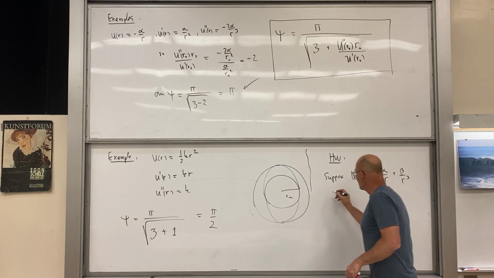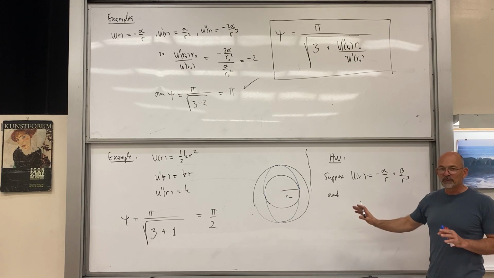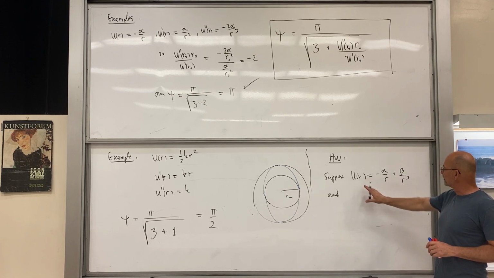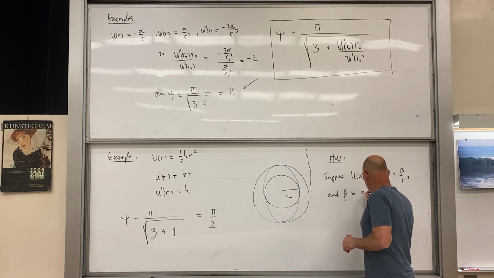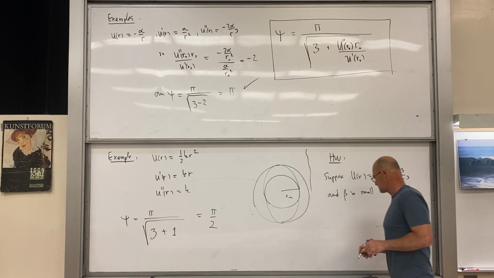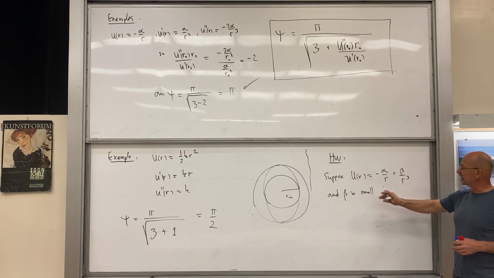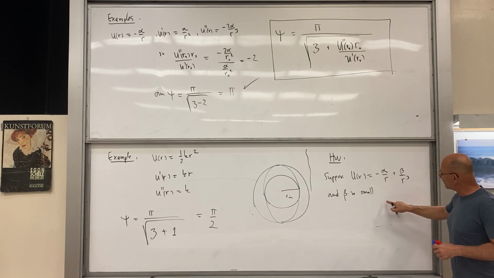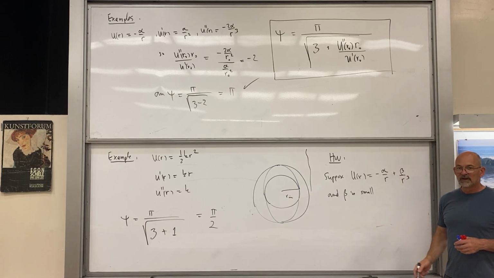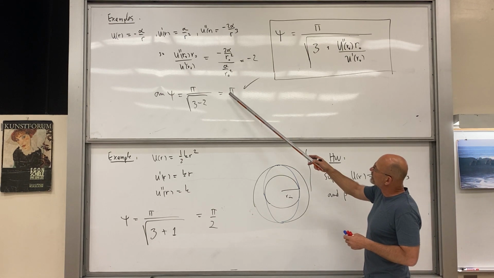But this is one that becomes algebraically difficult to do exactly, so we have to do some kind of clever approximation. So beta is small. Well, small with respect to what? Small in the sense that if we take the limit beta goes to 0, we're back to our result right here.